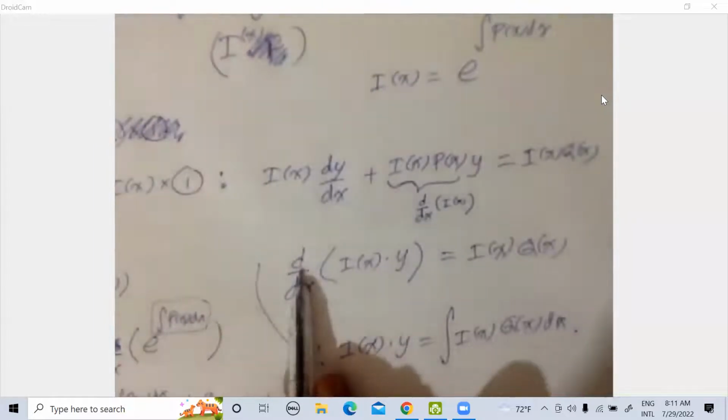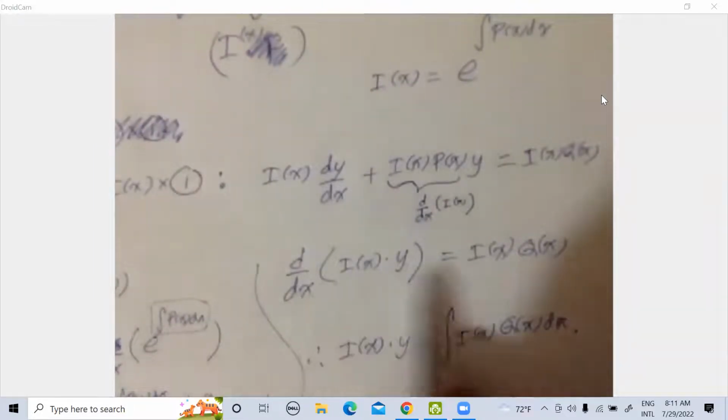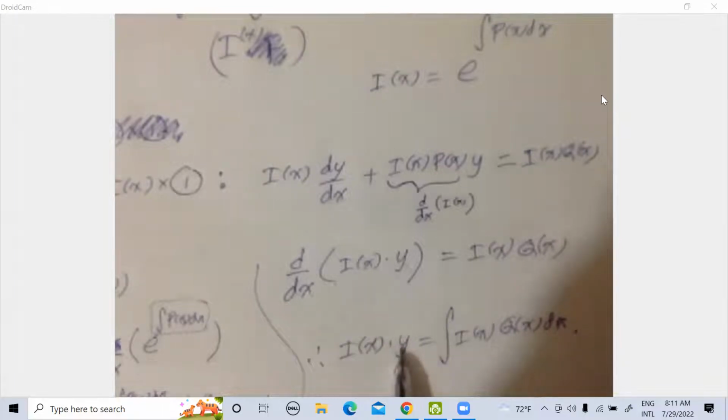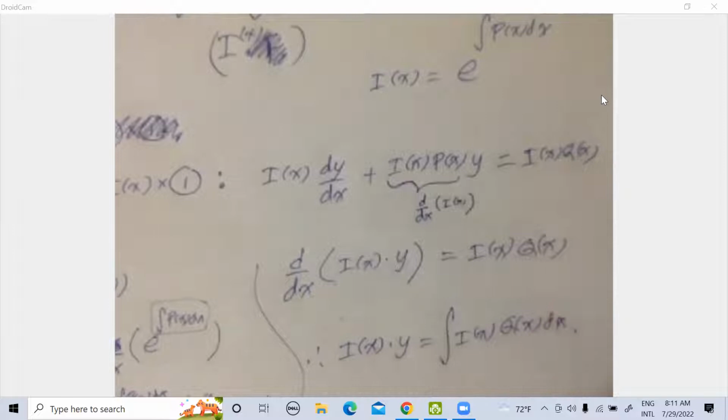When you integrate, the integral of this side is I(x) y, equals the integral of the other side. This is a function of x, and after integration you get the answer. So y is equal to that divided by I(x). If you can come up to this place, you can find y. That is the method of solution.